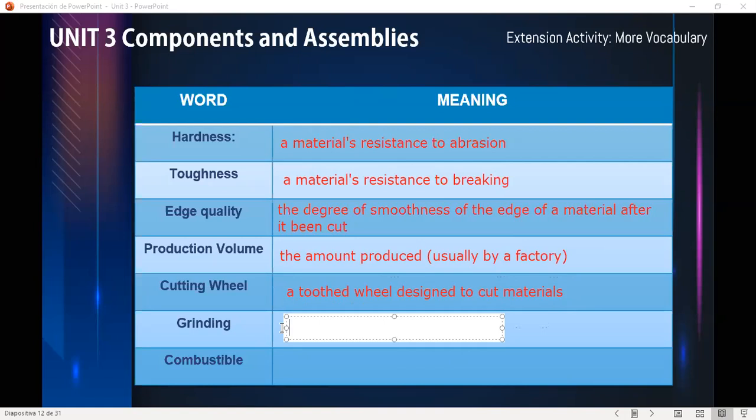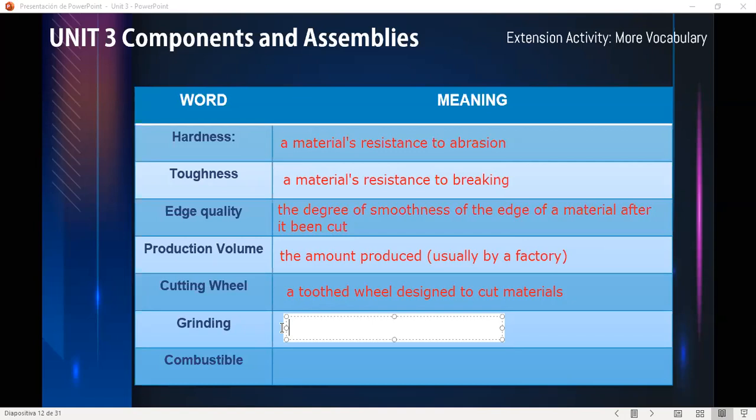Okay. Grinding. When any person mentions grinding, well, we think of the wheel, in materials where I can use friction.